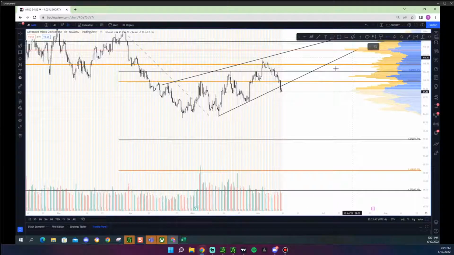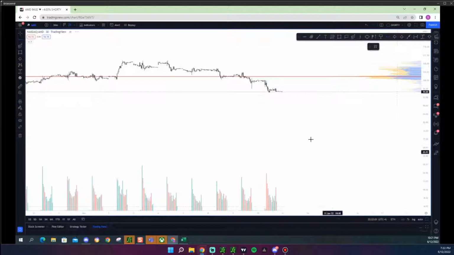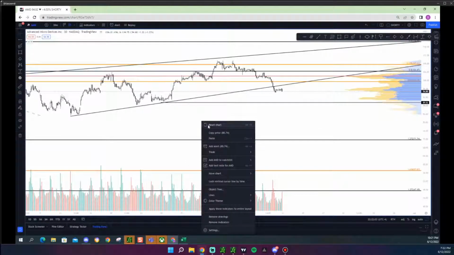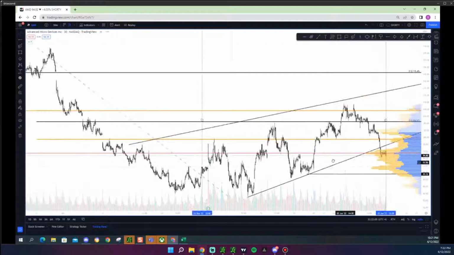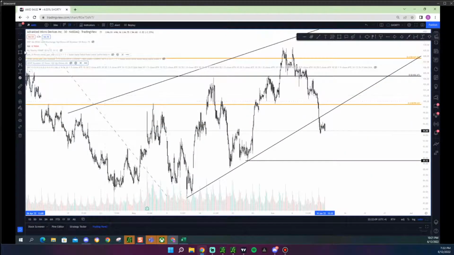Yeah, this looks really weak after this demand zone here. After that, it really opens up. You can play at 87. And you can find these on your 30 minutes, guys. Because this has not completed all the way down. I will be adding shares of this stock as it dips through the levels.